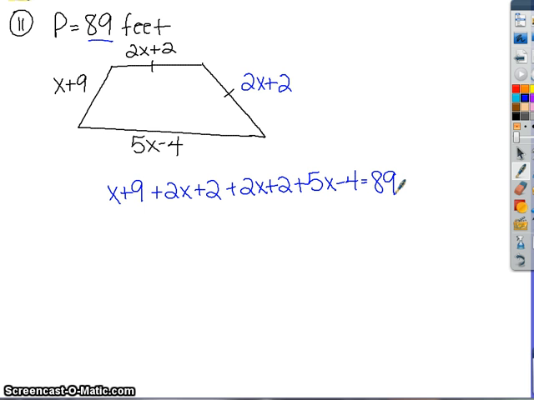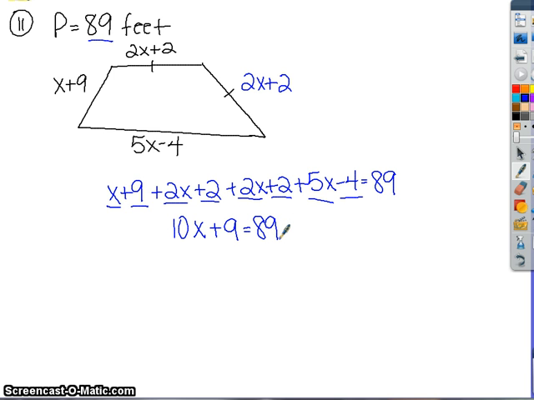In order to solve this, let's combine some like terms here. So we have x plus 2x, that gives us 3x. Add another 2x, that's 5x, and then another 5x, that's 10x. And then we have a 9 plus 2, that's 11, plus another 2 is 13. 13 minus 4 is 9, so plus 9 equals 89.